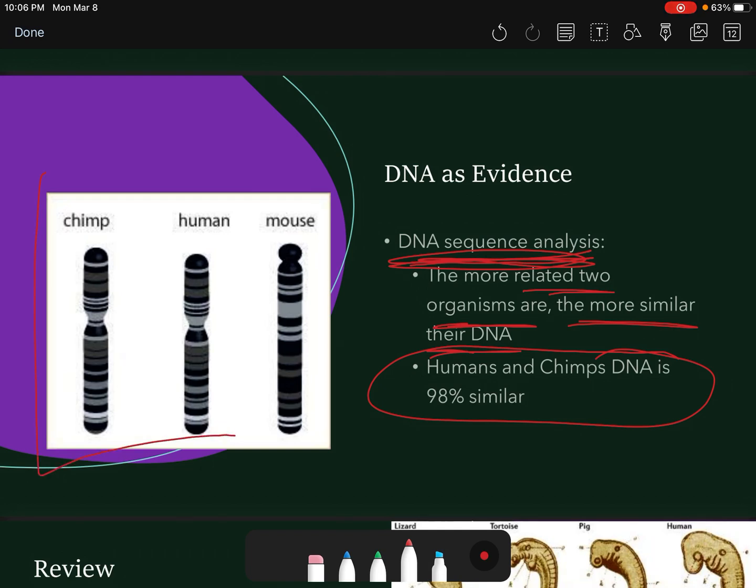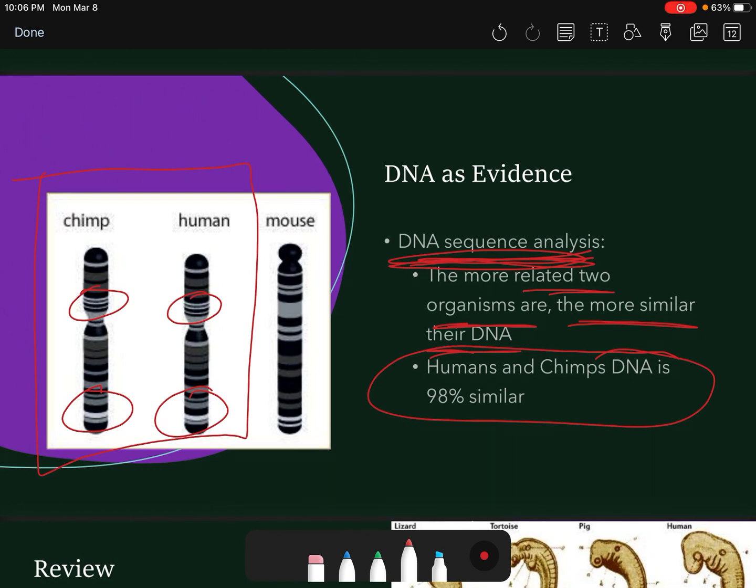If you put this in a side-by-side comparison where we look at these 2, you'll notice the banding patterns on these 2 chromosomes are extremely similar. Notice the differences here and here. There are also some differences down at the bottom here in the banding patterns, just in some of the widths of the different bands. All this is trying to show you is that humans and chimps have very similar DNA.